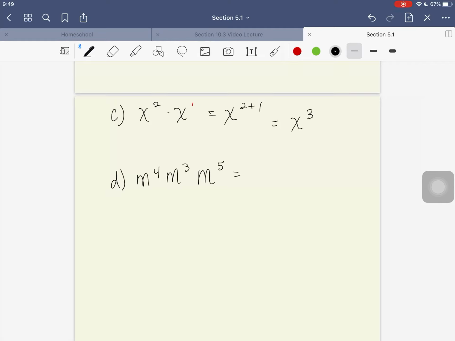All right, here we have like bases. So we're going to add the exponents. So m to the 4 plus 3 plus 5 would be m to the 12th.